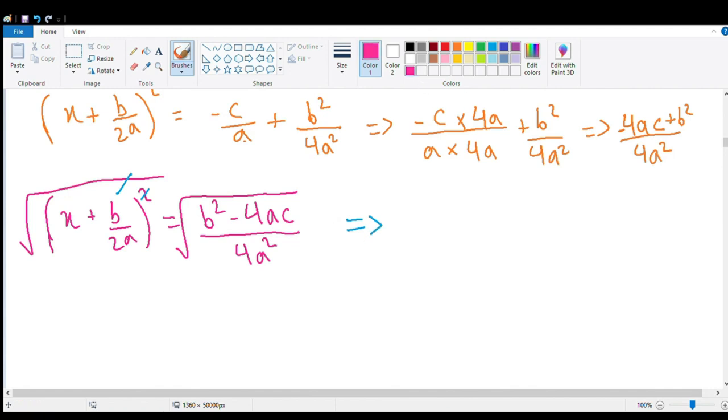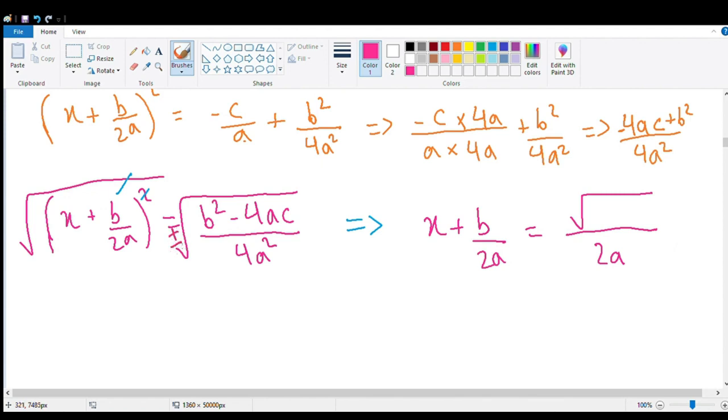This is outside, because it has no square over it anymore. And the denominator is going to get out, it's going to be 2a, because this was a square and then this was also a square. It was a square of 2, so that's why I put 2a instead, because now that's out of the square root.